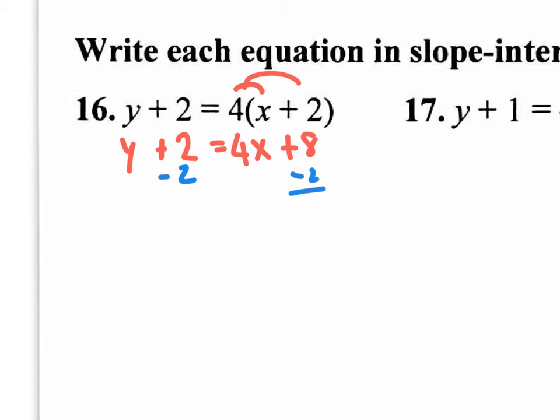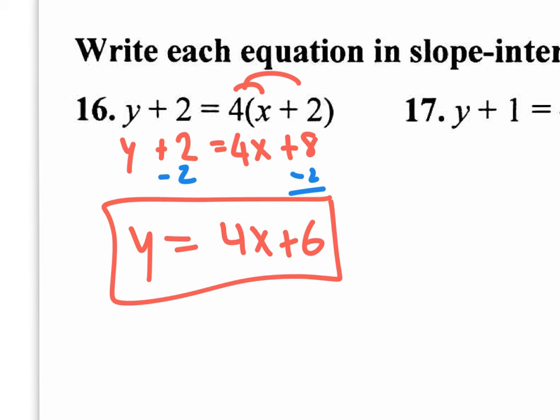What you do to one side, do to the other side. Of course, you're going to subtract 2 from the 8, not from the 4x. So our final slope-intercept form equation is y equals 4x plus 6. So that third part is pretty easy. Let's move on to the next worksheet.